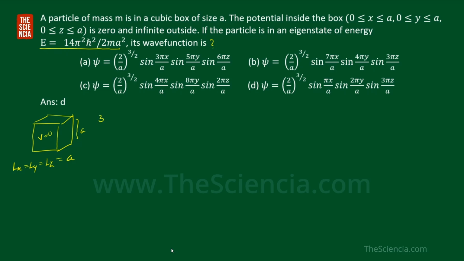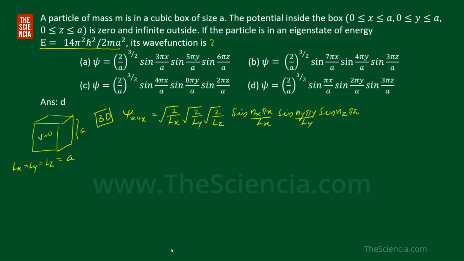For a 3D box, we know the general wave function is psi xyz equal to root 2 by Lx into root 2 by Ly into root 2 by Lz into sin nx pi x by Lx into sin ny pi y by Ly into sin nz pi z by Lz, right?